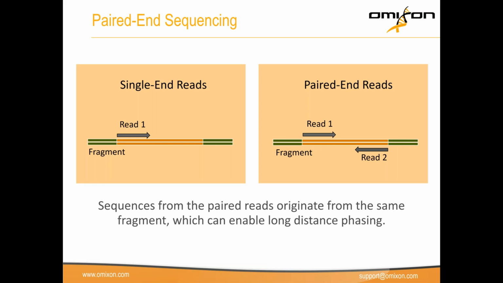Paired end means that one fragment will be sequenced from both sides. That's why you're seeing a read 1 and a read 2. We can also say the read 1 is the forward and the read 2 is the reverse read. Illumina knows that the sequences from the paired reads originate from the same fragments, and this enables the long distance phasing.